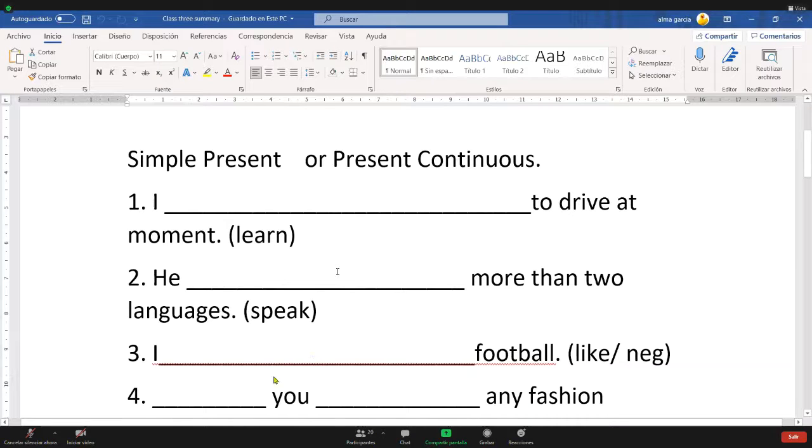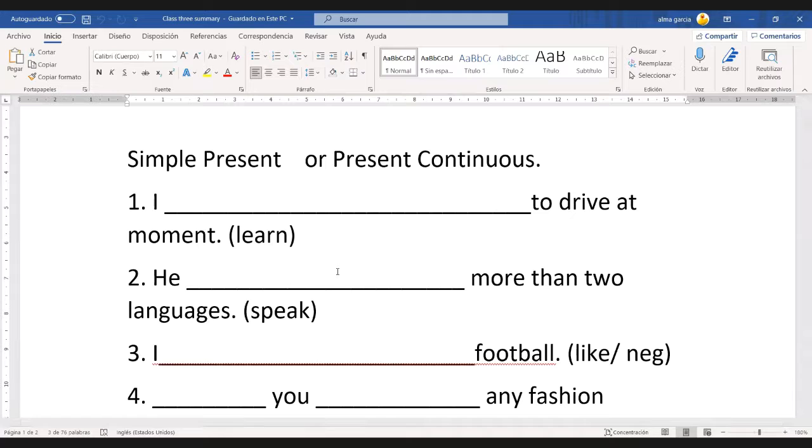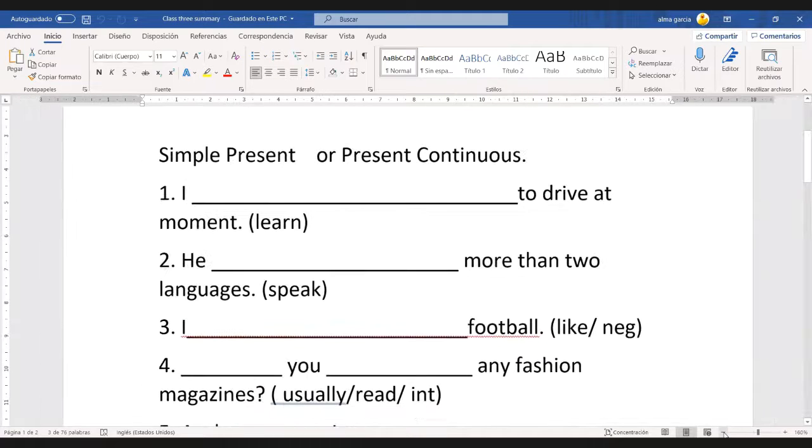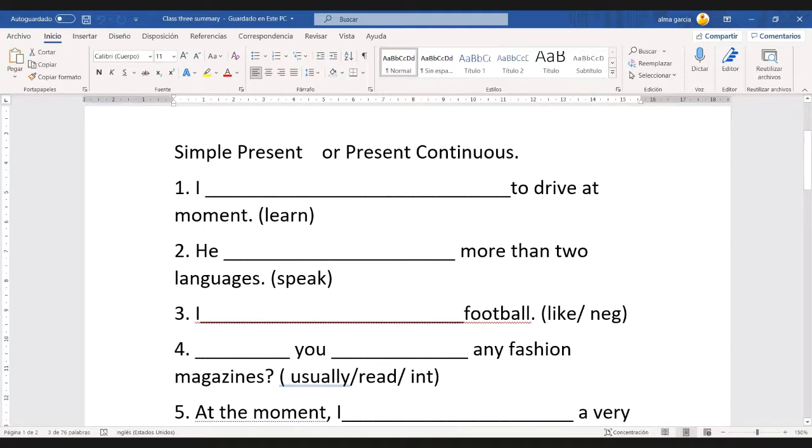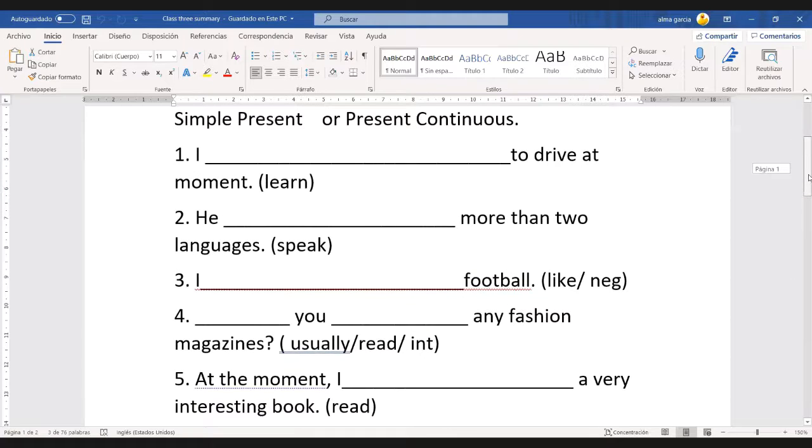Remember that there are certain time expressions that we usually use with the present continuous, and the frequency adverbs or the adverbial phrases with the simple present. Okay, let me show you the following exercise containing sentences that can be in present continuous or in simple present. You will have to decide that.